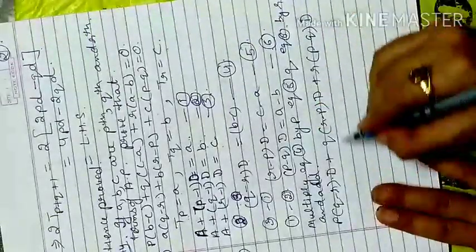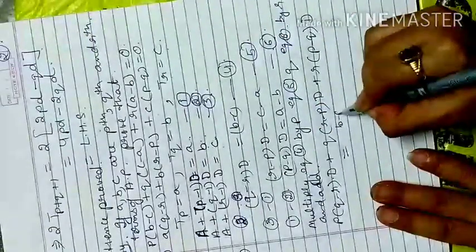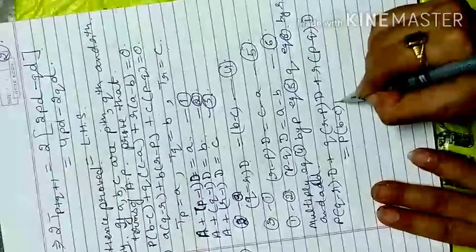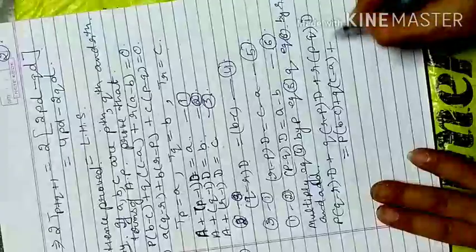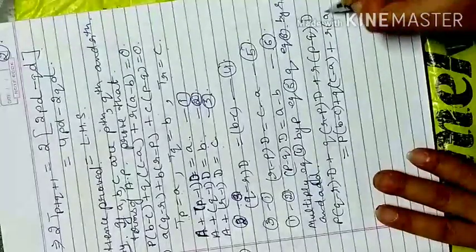I skip the step, multiplying and directly adding. On the right side, (b minus c) is multiplied by p, (c minus a) by q, and the third equation by r, (a minus b).